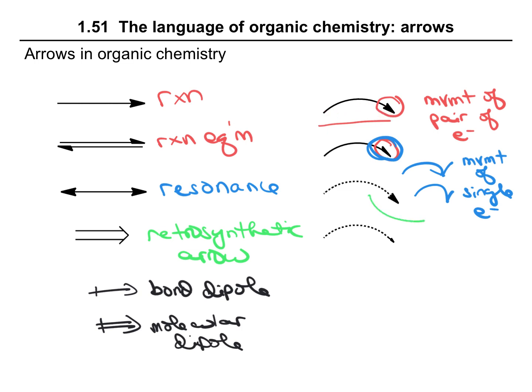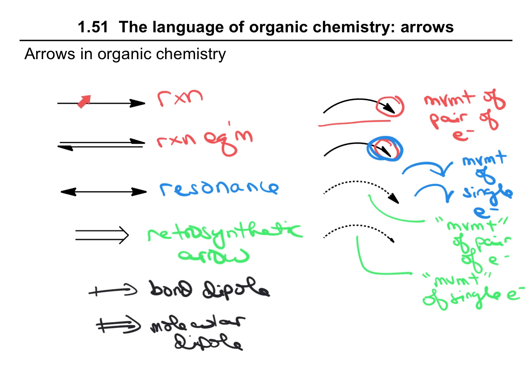So this one refers to the movement of a pair of electrons, and then this one represents the movement of a single electron. Again, the movement is in quotes because it's not real movement, it is an imaginary movement, which we'll talk about in the next video.